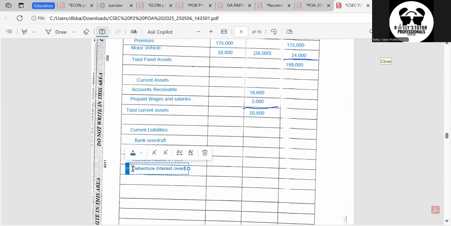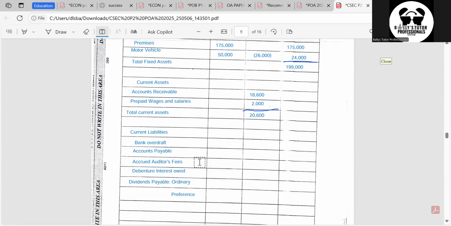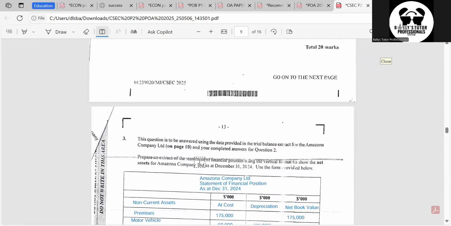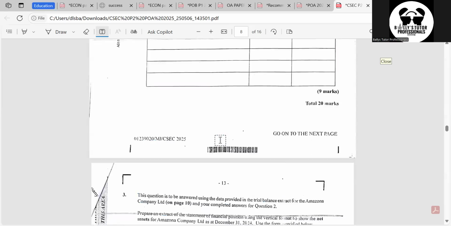A lot of people forget that one. And we have our dividends payable still, ordinary and preference shares. Let's start with bank overdraft.